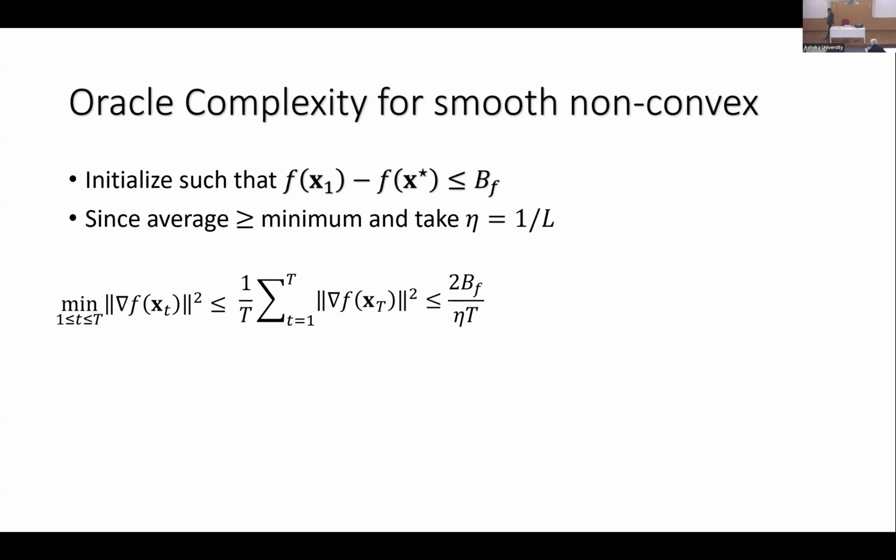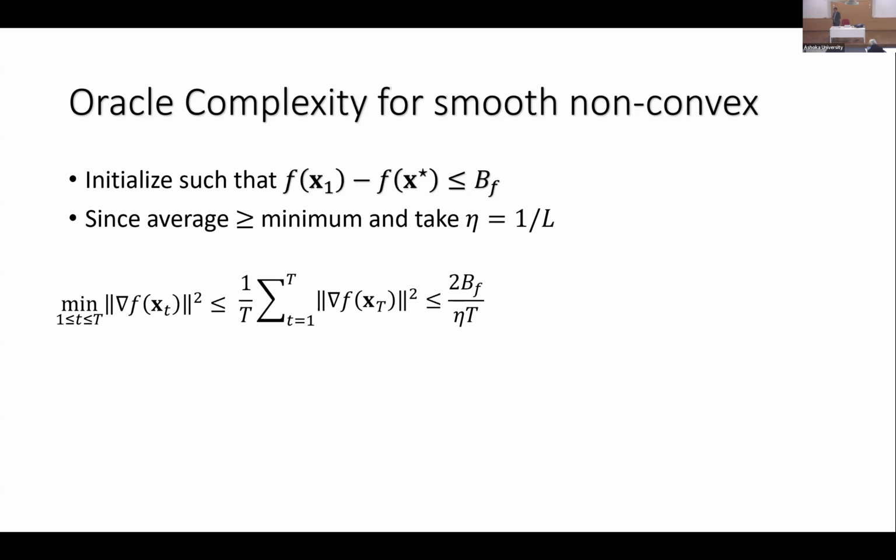If we initialize like this, and we use the fact that the average is greater than the minimum, we can say that the minimum gradient norm square from 1 to t is less than or equal to this average, which is less than or equal to 2 b_f by eta t. So this is my simple result.